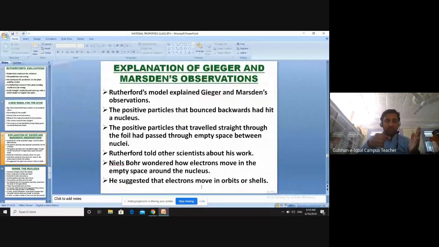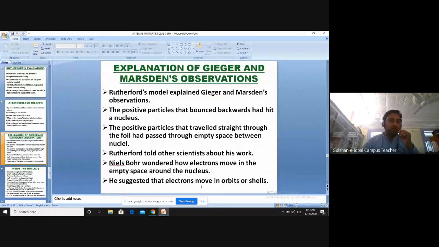When the particle hits the nucleus, it will bounce back because the nucleus is dense. The positive particles cannot pass through the nucleus, so whenever they hit it, they bounce backward.